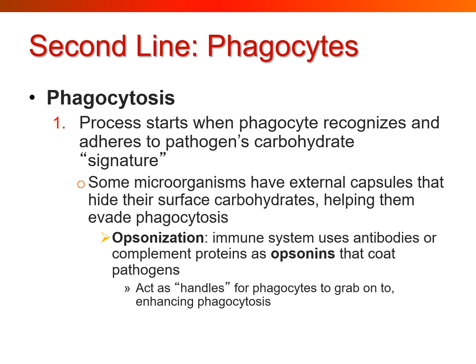It recognizes and adheres to a pathogen's carbohydrate signature, because you remember that all cells, all microbes are going to have chemicals on their surface, are going to have molecules on their surface, they'll have receptors on their surface, and all of these are communicating with the outside world, and sometimes the outside world is capable of reading those and interpreting them to have something meaningful, such as, hey, this doesn't belong here.